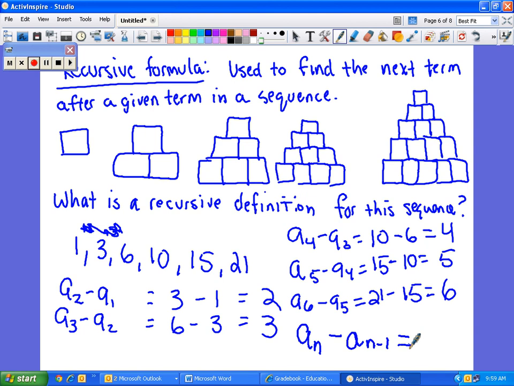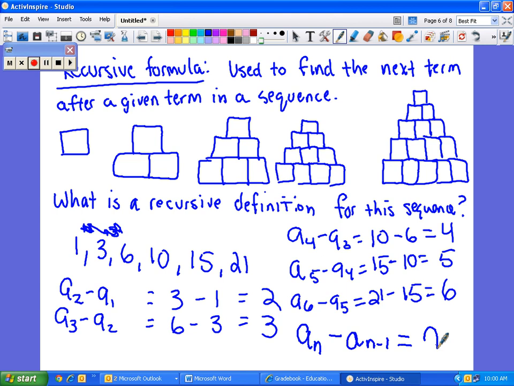A4. So if this value equals this term, this value equals this term, this value equals this term, what should I put here? N. Just n, because it equals that term.